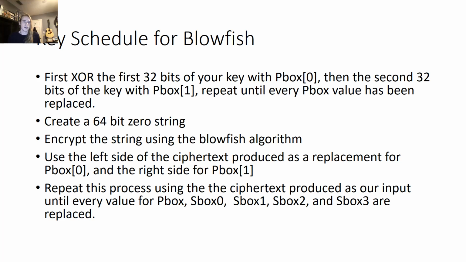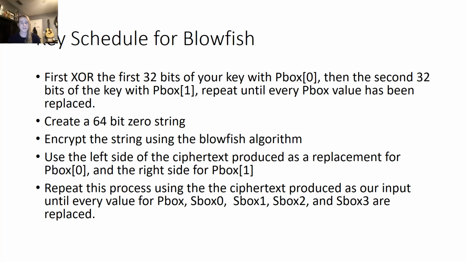So the key schedule for Blowfish starts by first XORing the first 32 bits of the key with pbox 0 and the second 32 bits with pbox 1, and continually going through the key until every pbox value has been replaced. You will then create a 64-bit 0 string, which will then be encrypted using the Blowfish algorithm.